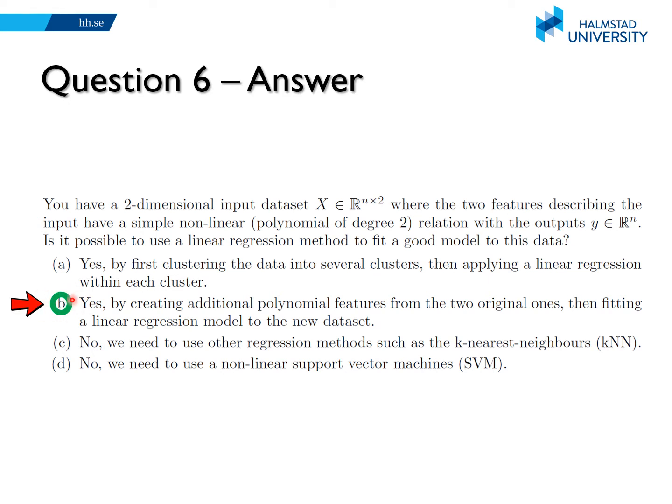And the correct answer is B, because as we saw in the lecture, you can create additional polynomial features and add them to your data set. You can create them based on your two original features. And so you will get a higher dimensional space. And then by training a linear regression model in this high dimensional space, you will get a model which is nonlinear in the original space. So it's basically a polynomial model in the original feature space.